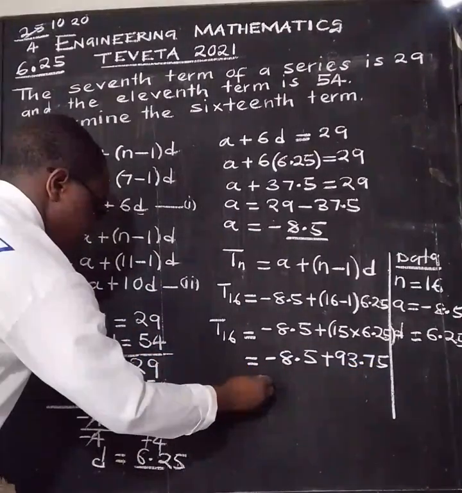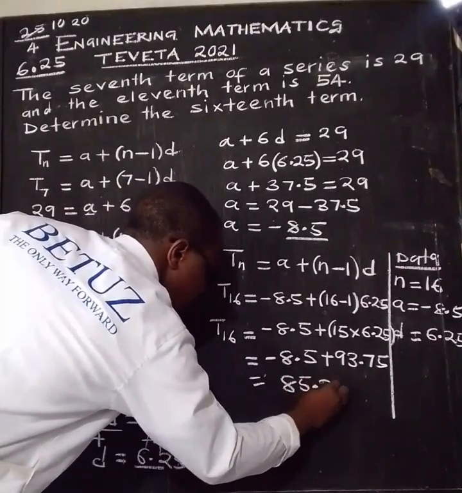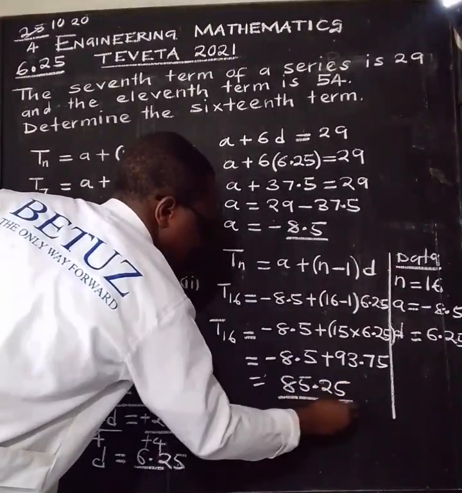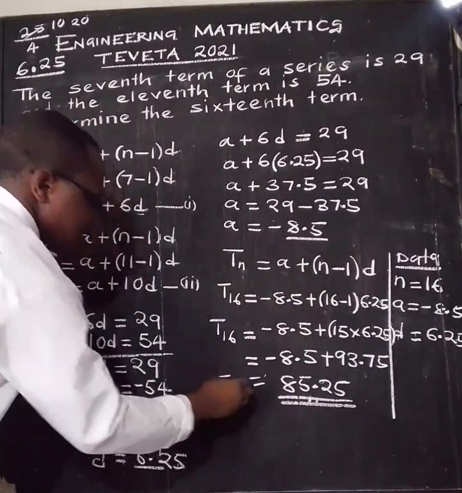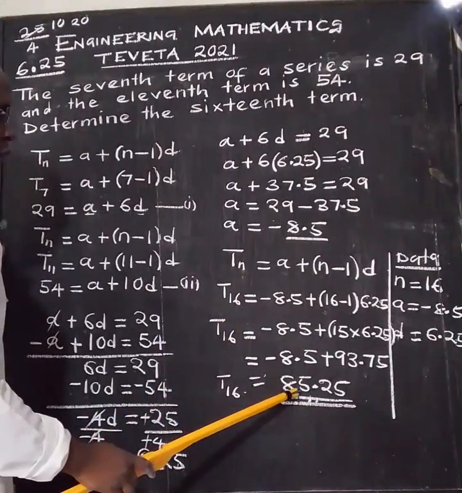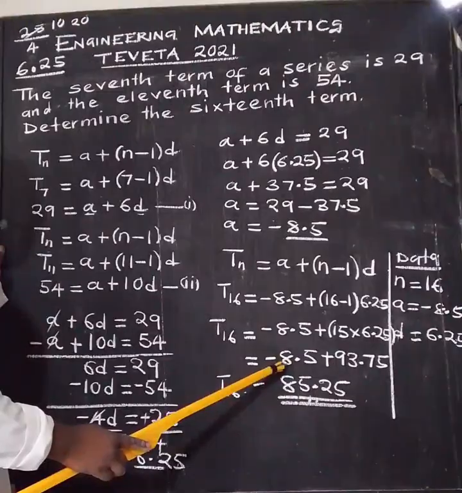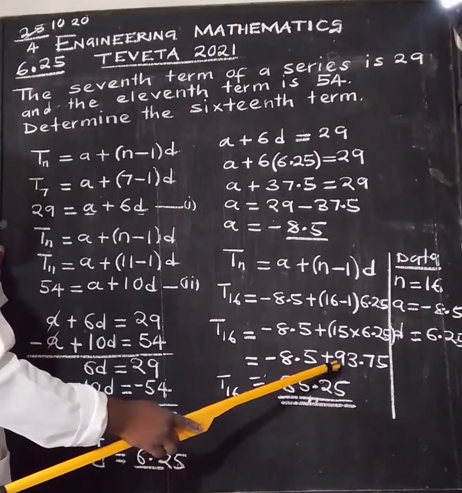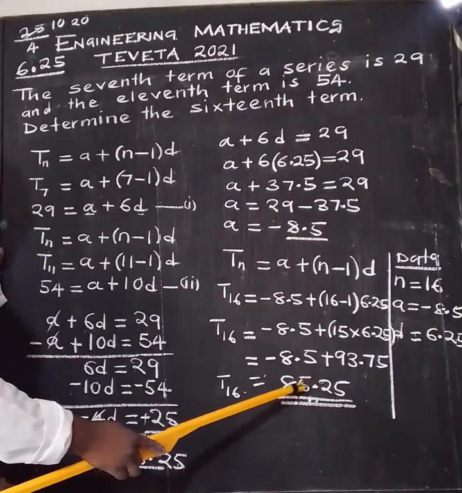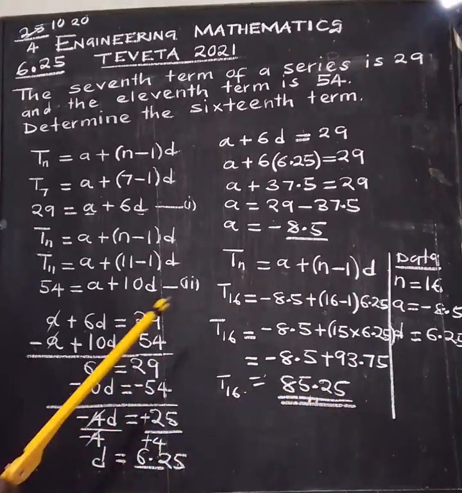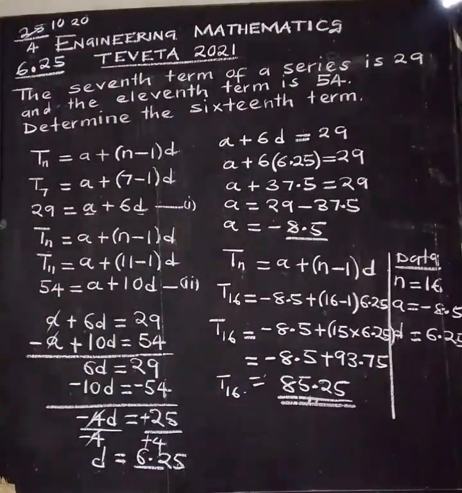When you simplify this, you get 85.25 as our 16th term. That is when you punch in negative 8.5 plus 93.75, you get 85.25. So this is our 16th term. As simple as that, guys. These things are very simple.